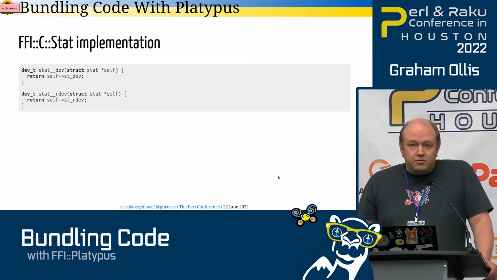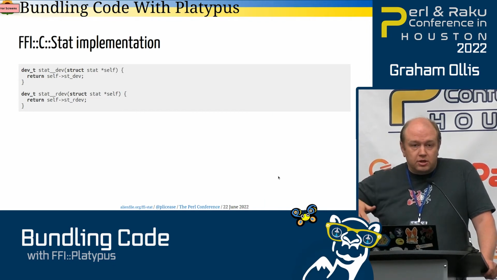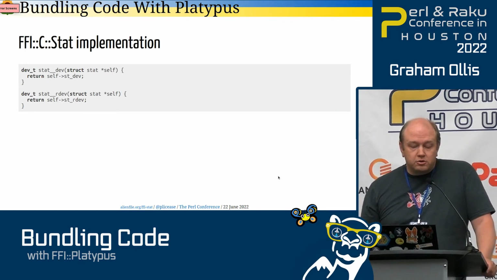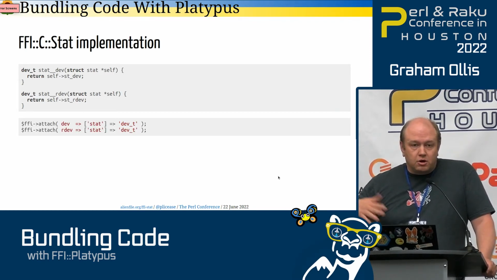Well, FFIStat is a module that implements basically the stat function in FFI. So for each of the attributes, we have accessor methods that are written in C, in the bundled code, and then from Perl, we can call those accessor methods and access them directly.